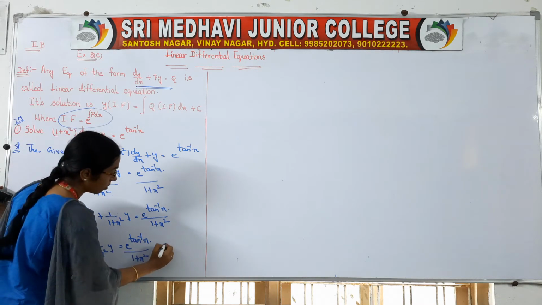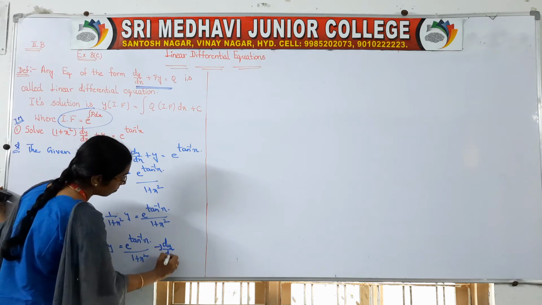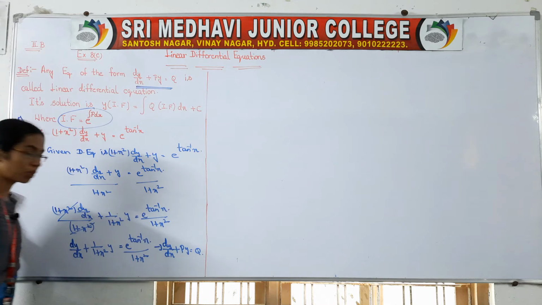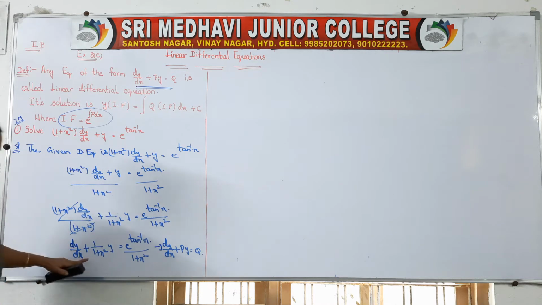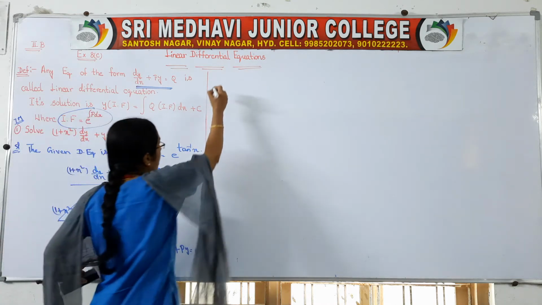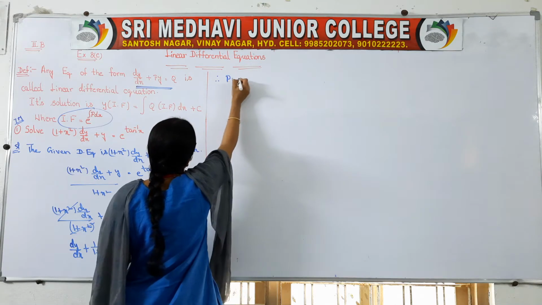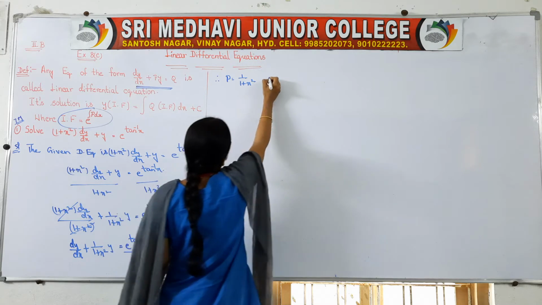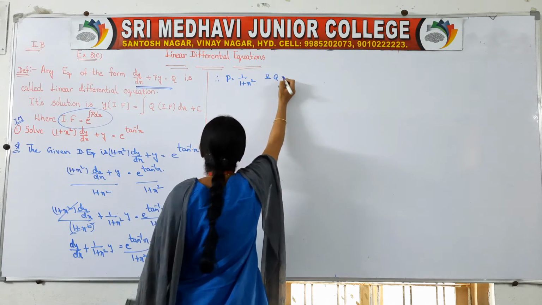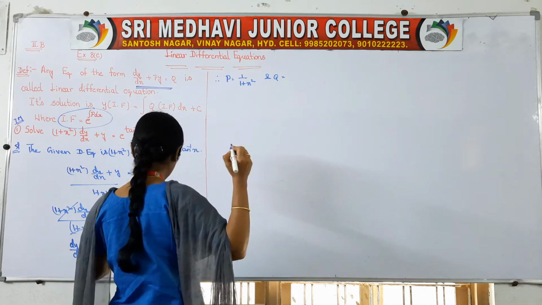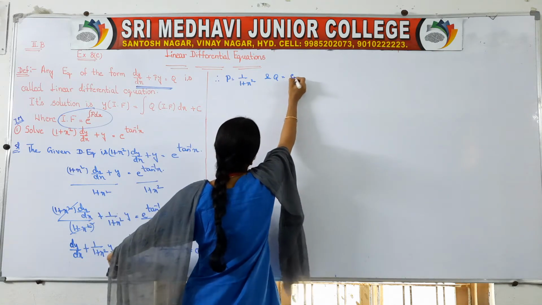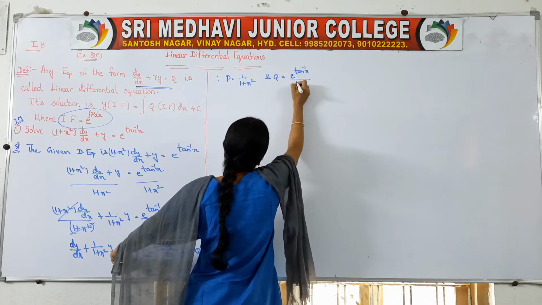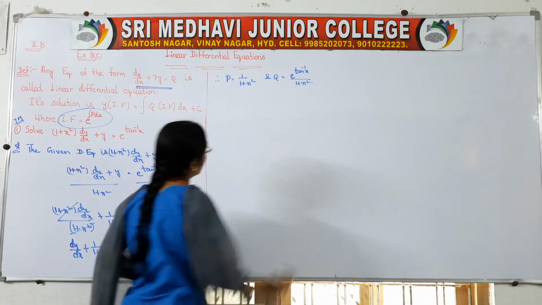It is of the form dy by dx plus py is equal to q. So what is your p now? Therefore p is equal to 1 by 1 plus x square, and q is equal to e to the power of tan inverse x by 1 plus x square.